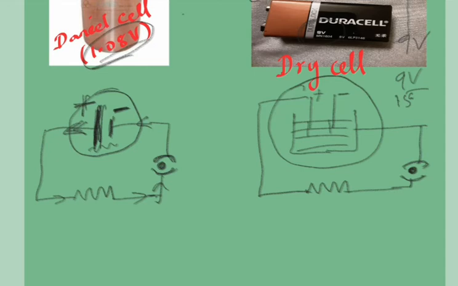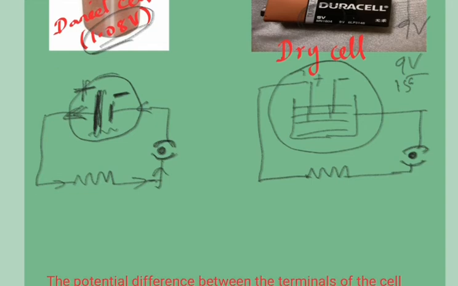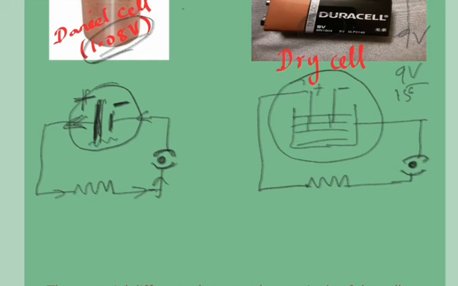So we can define the EMF of a cell as, suppose we are opening the circuit. Let us suppose that the circuit is in open form. Open form means current is not being drawn through the circuit. Current is not flowing through the circuit. It is actually the open circuit.